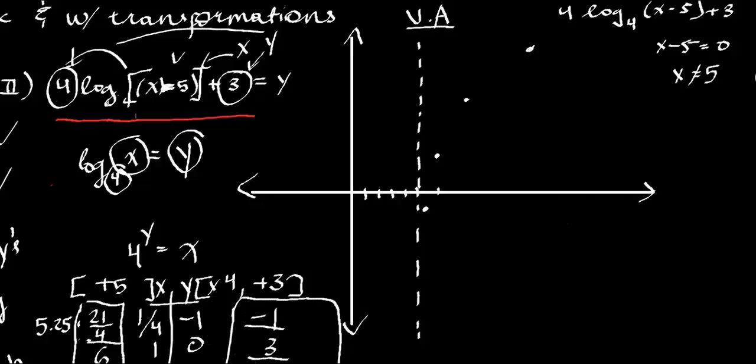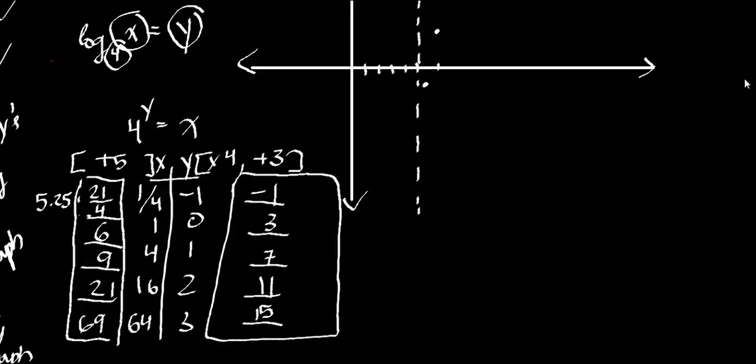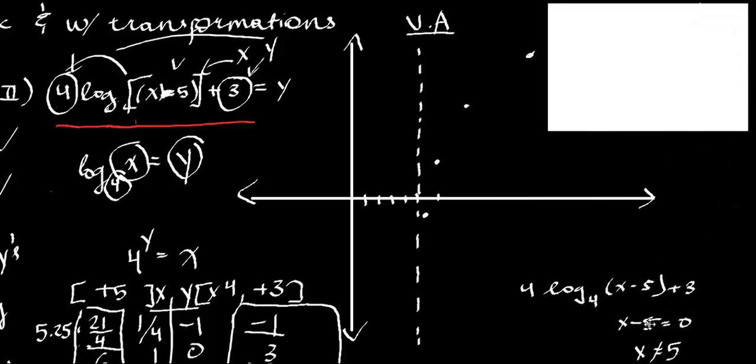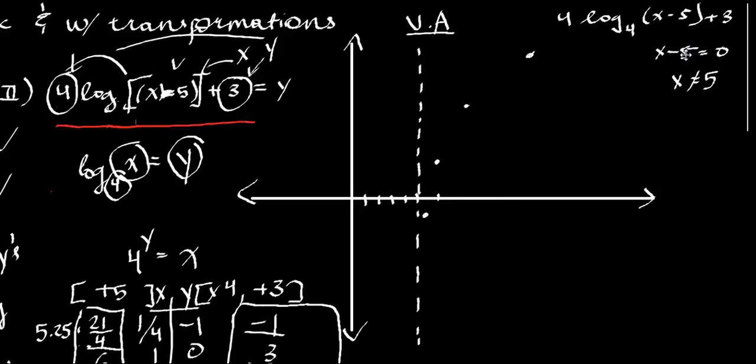And lastly, 69, 15. So let's say it's right there. I don't know if you can see that. But yeah, this is how our graph was. It's a very large graph.